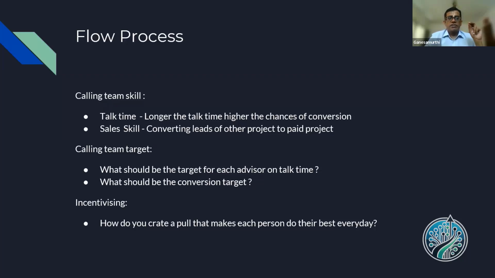So the base target for everybody was 2 conversions minimum per day. For 2 conversions, no incentive. After the second conversion, for the third and the fourth, they get about 200 rupees per lead that they convert.